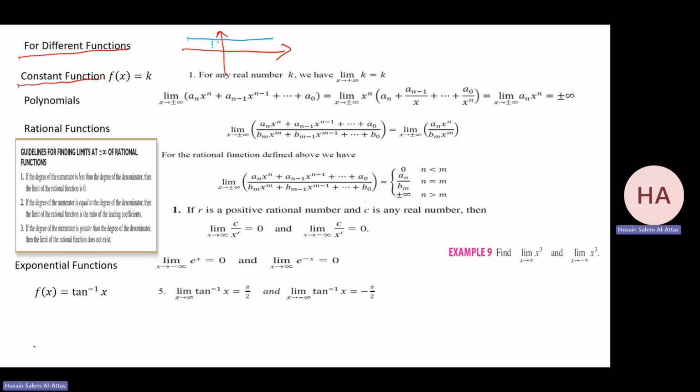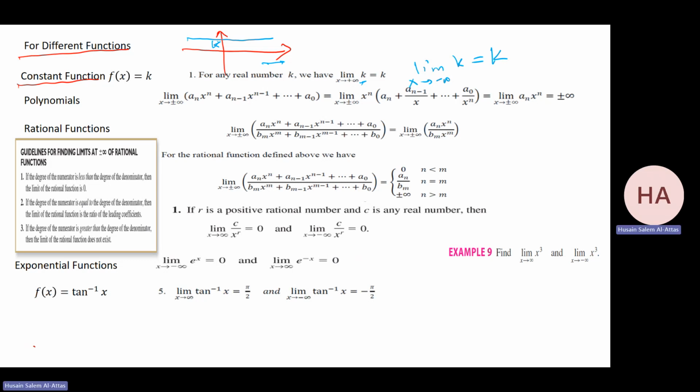Assume this is k. So as x goes to infinity, the function is going to where? To k. So the limit as x goes to infinity will be k. Also, the limit as x goes to minus infinity of a constant function k will be k.